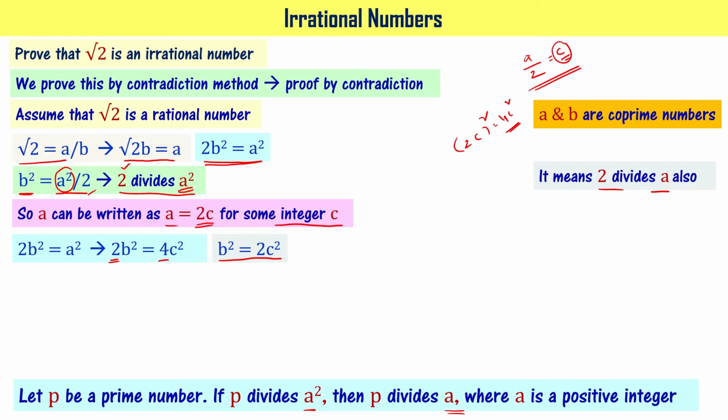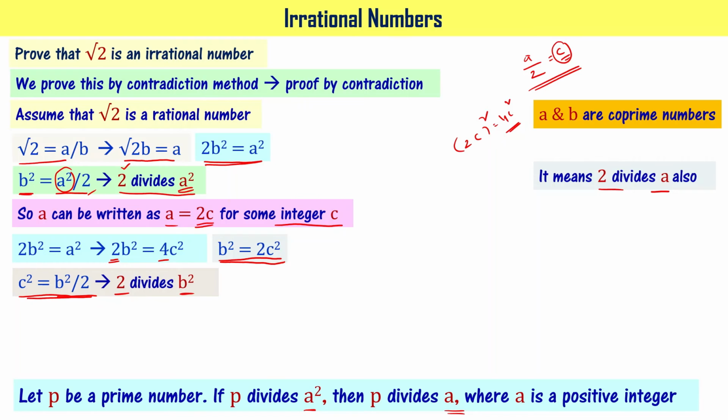Now look at this. If b square equal to 2c square, then I can write it as c square equal to b square by 2. Right? When I rearrange b square equal to 2c square, I can write it as c square equal to b square by 2. It means 2 divides b square also.